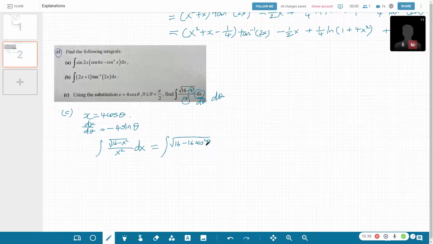Okay, so I hope you can see that there's a 1 minus sine square theta here over 16 cosine square theta times negative 4 sine theta d theta. Okay, so there is a 16 sine square theta here because 1 minus cosine square is sine square.